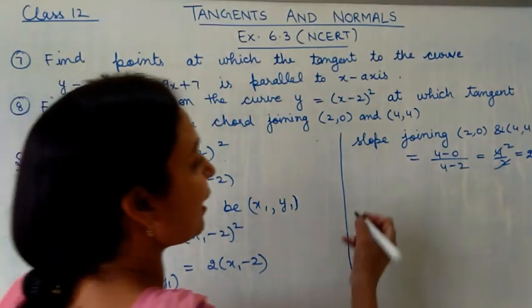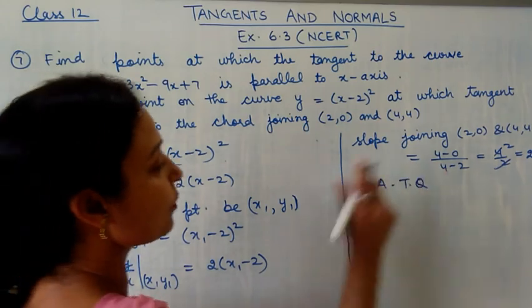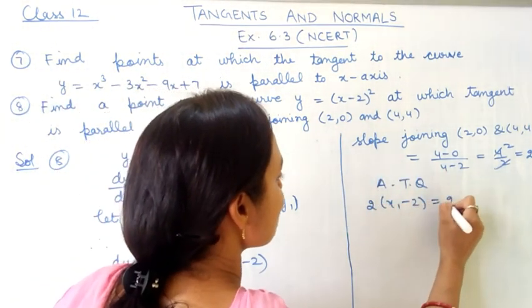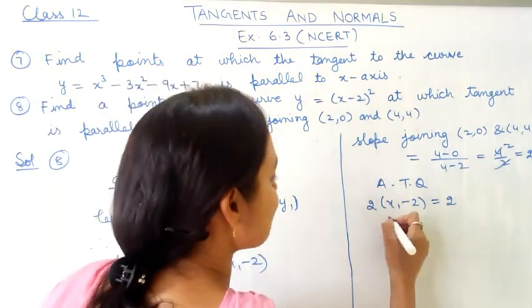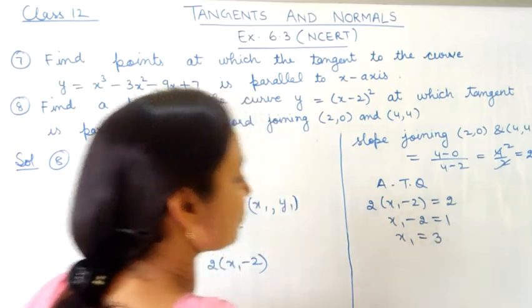Since the tangent is parallel to the chord, 2(x1 − 2) = 2. This and this will cancel, x1 − 2 = 1 and x1 = 3.